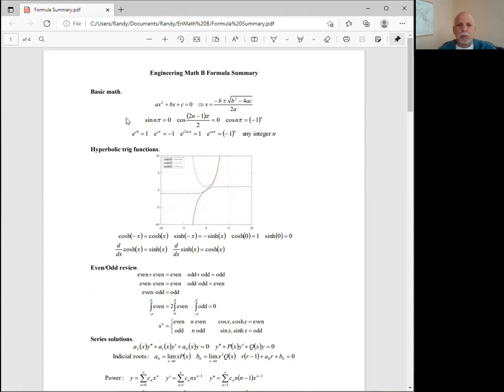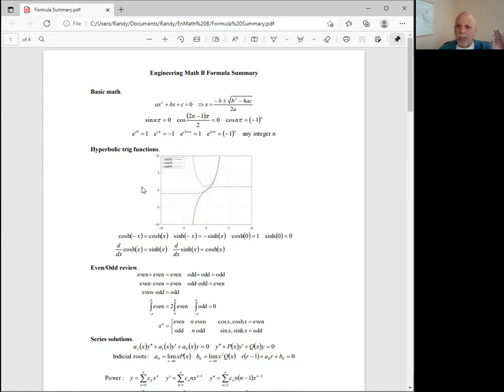First is super basic math, including the quadratic formula. A couple of key things about trig functions, especially when there's 0, like sine is 0 when the argument is an integer number of pi, etc. We've talked about these in other recordings, what basic e to the i things are.